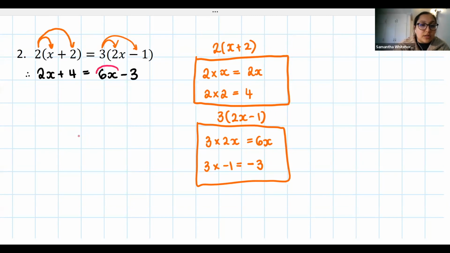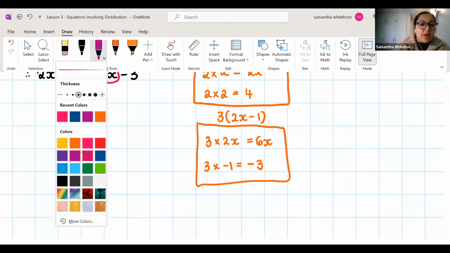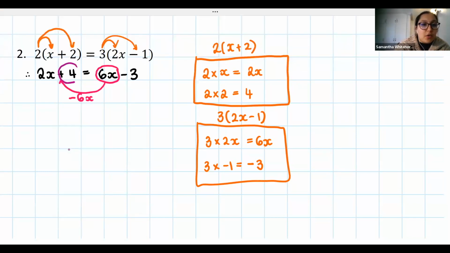So what I'm going to do is take the 6x and bring it over to the left-hand side. It was positive 6x, which means that now that I'm moving it, it's going to become minus 6x. It is going to become the inverse or the opposite operation. In a very similar way, the positive 4 needs to now join the negative 3 on the right-hand side.